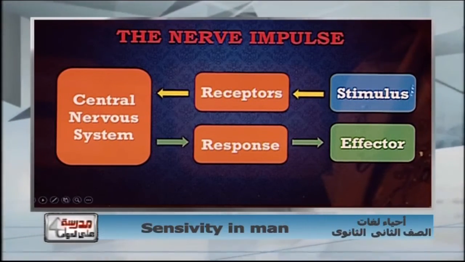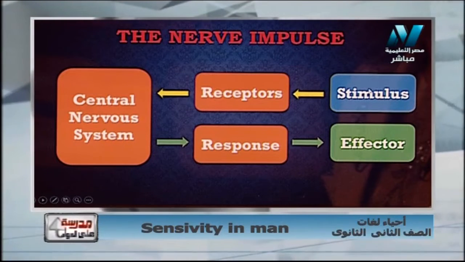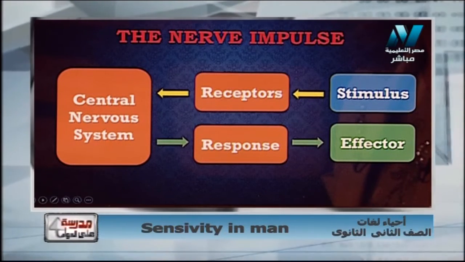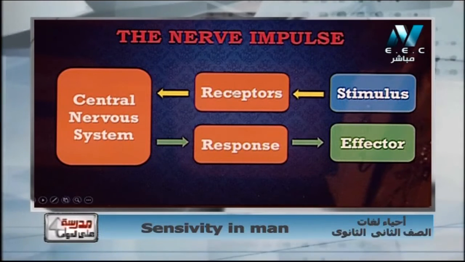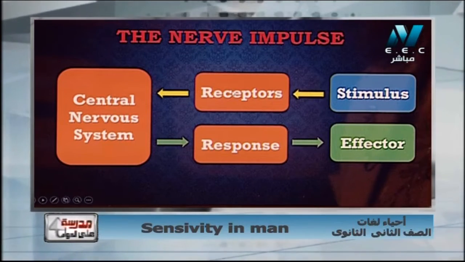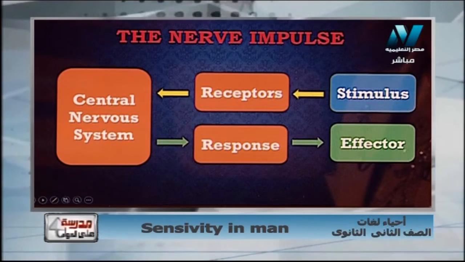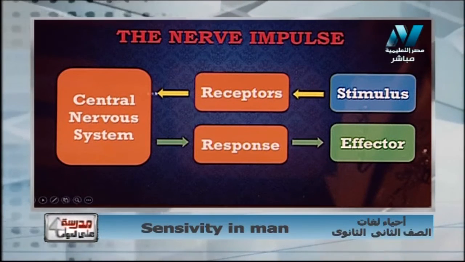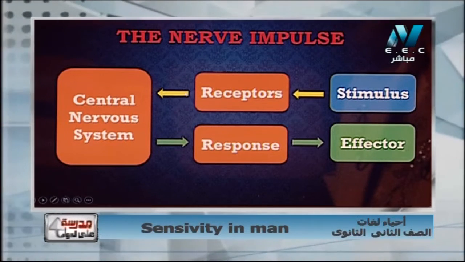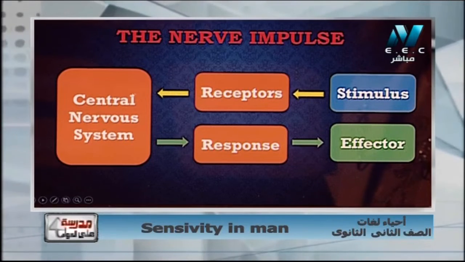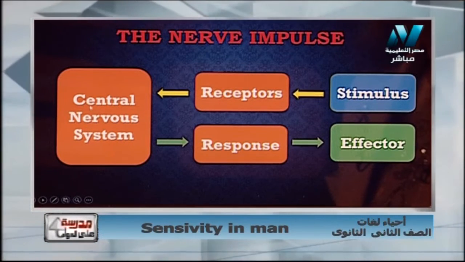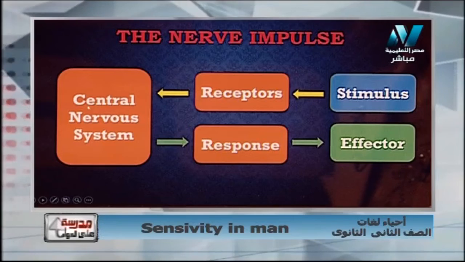We receive stimuli, internal or external stimuli, and these stimuli are received by the receptors. Some of them are the sensory organs. And these stimuli move along the nerves, the sensory nerves, as sensory impulses until they reach the central nervous system, that is the brain and the spinal cord.